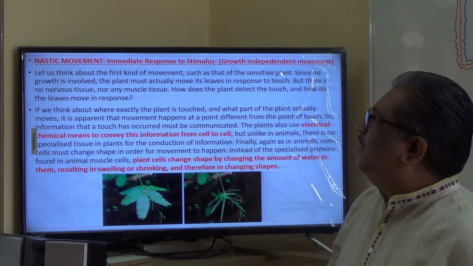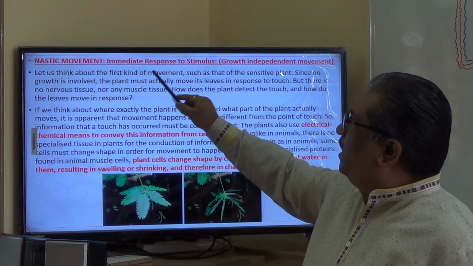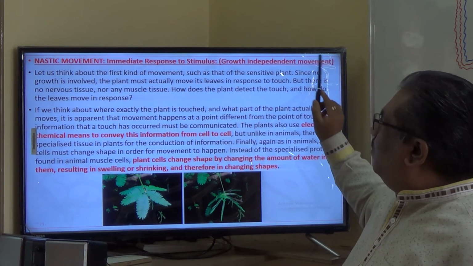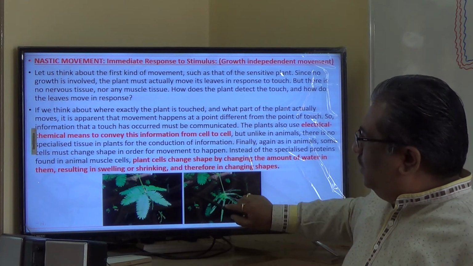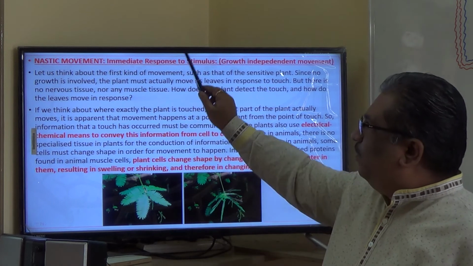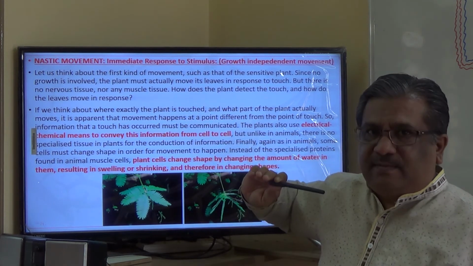Okay, fine. So let us see nastic movement: immediate response to the stimulus, growth-independent movement. All these things I have discussed. Examples: folding and drooping in Mimosa pudica. I will only read, and this part we will concentrate on.